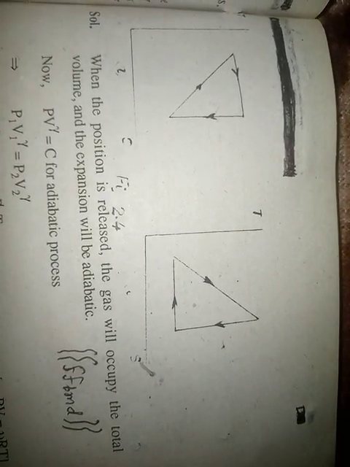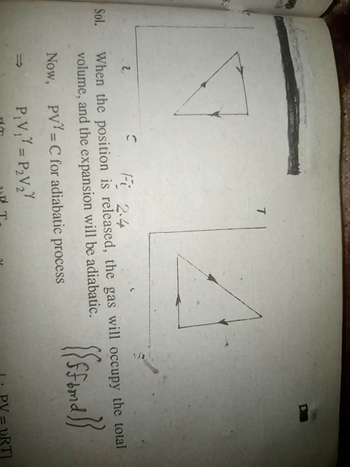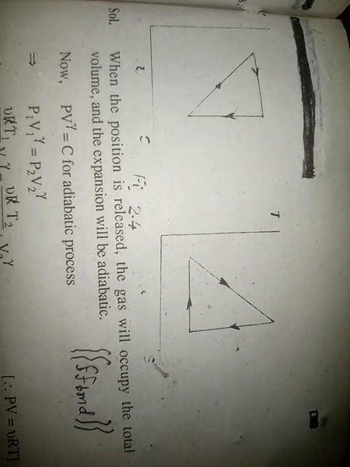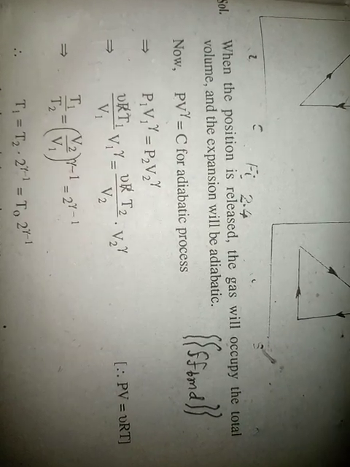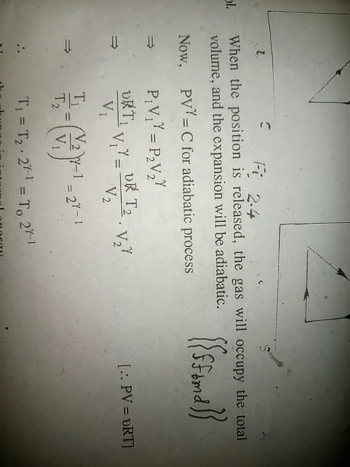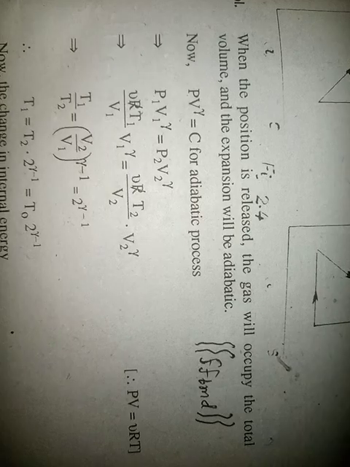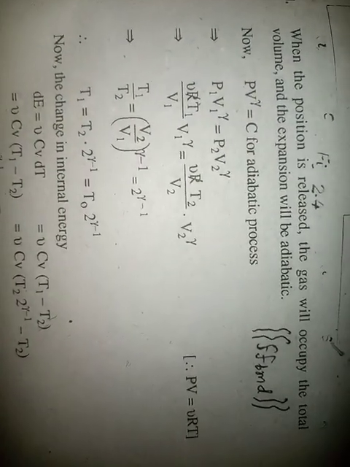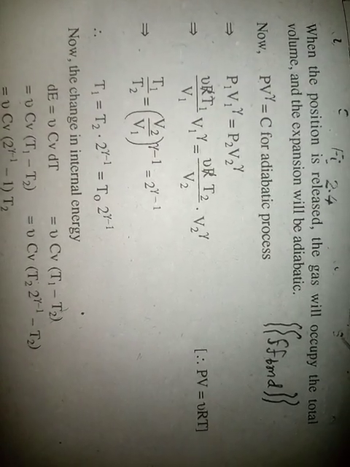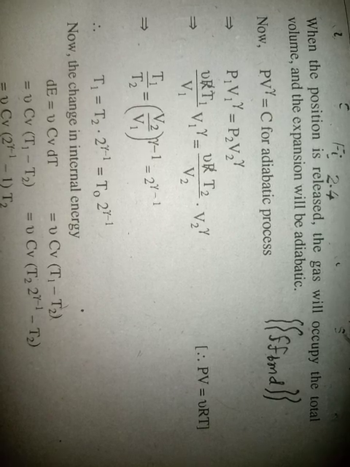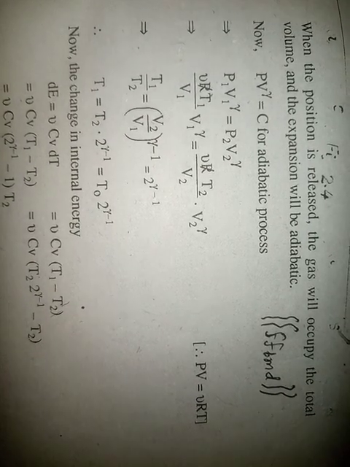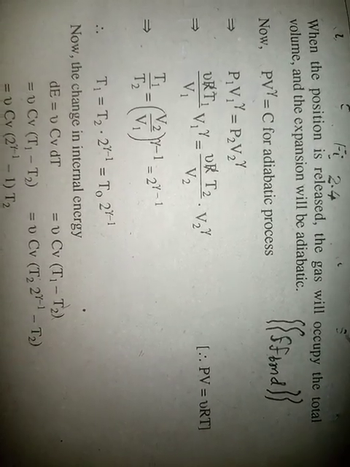When the piston is released, the gas will occupy the total volume and the expansion will be adiabatic. Now PV to the power gamma equals C for an adiabatic process. This implies P1 V1 to the power gamma equals P2 V2 to the power gamma, equals nu R T1 by V1 into V1 to the power gamma equals nu R T2 by V2 into V2 to the power gamma.